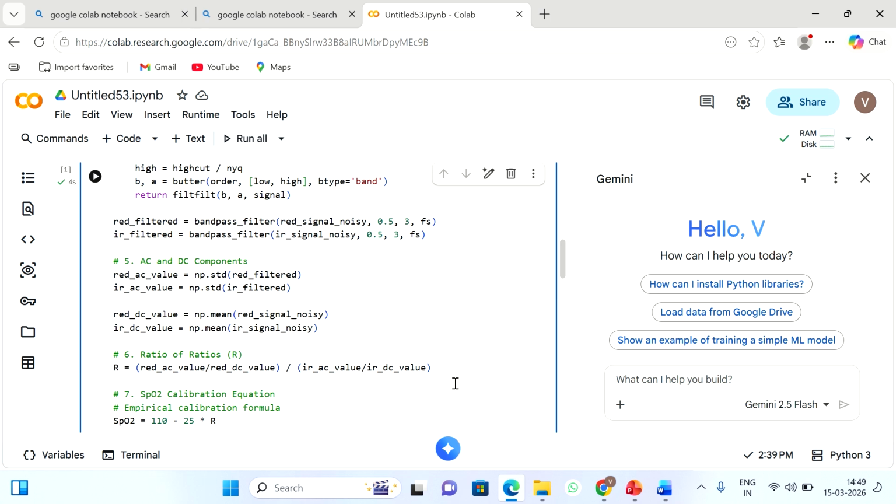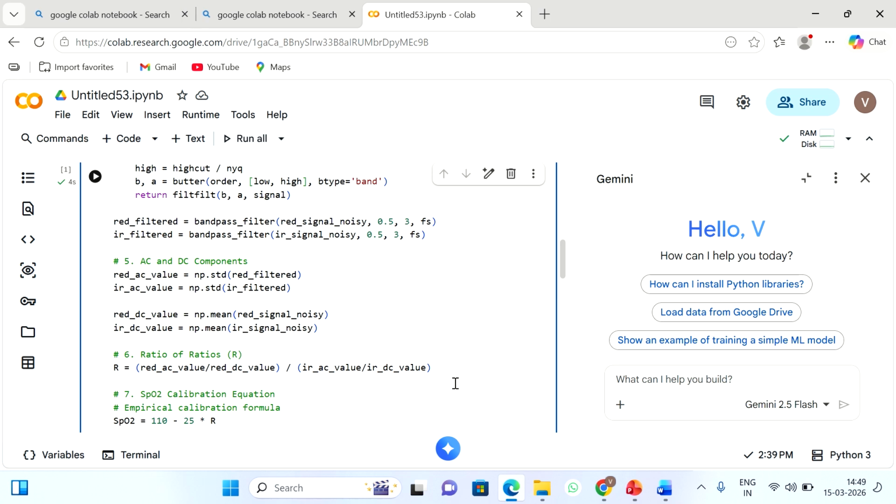So why are we doing this? See, oxygenated hemoglobin absorbs more IR. Deoxygenated hemoglobin absorbs more red. After getting diluted, the red color will not be dark in nature. That is why it absorbs more red. So the ratio gives oxygen saturation information.